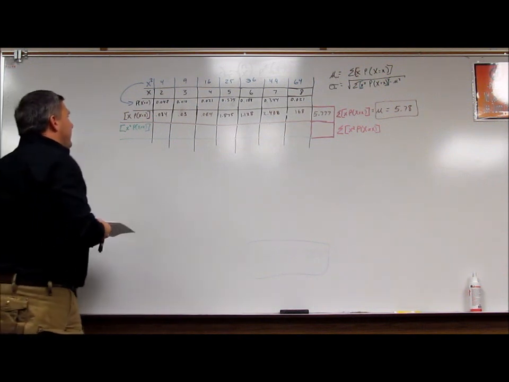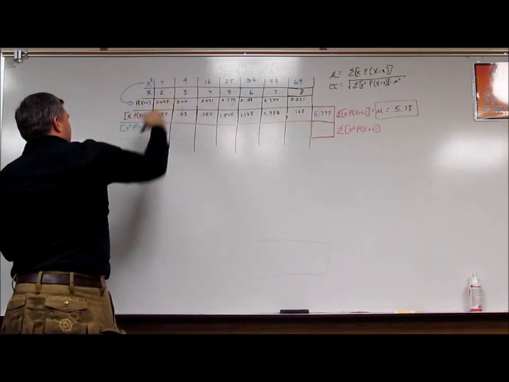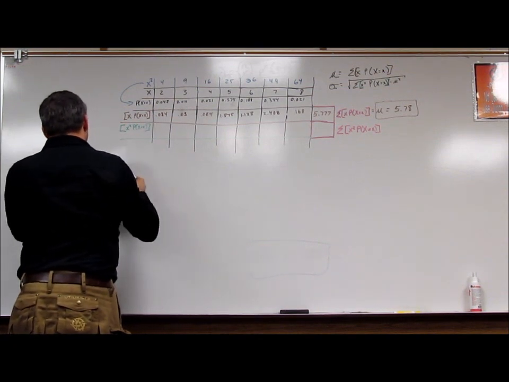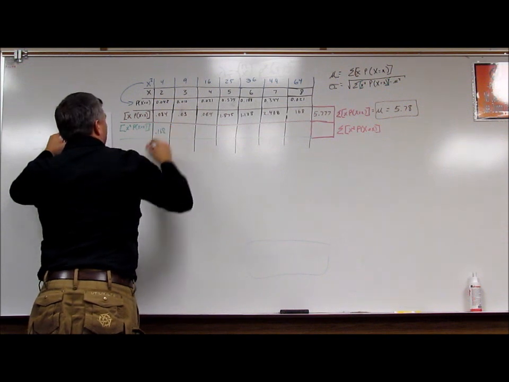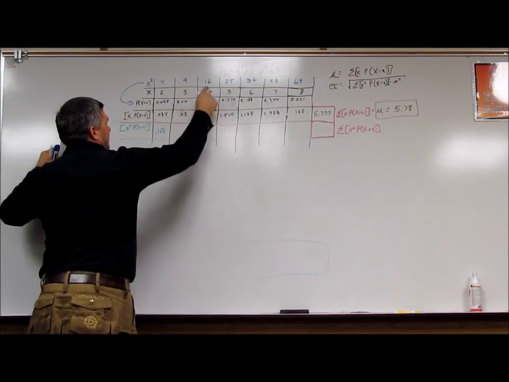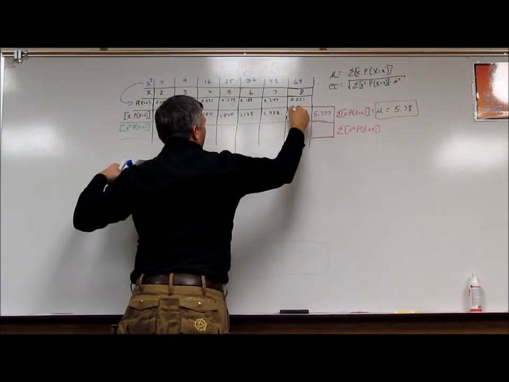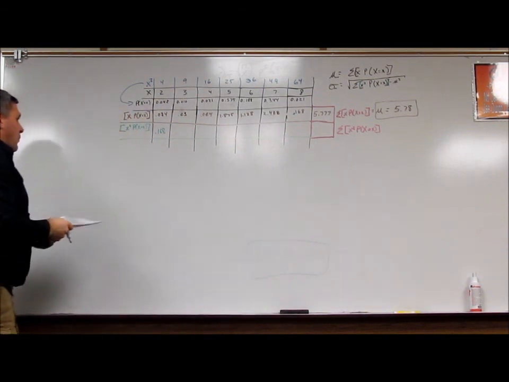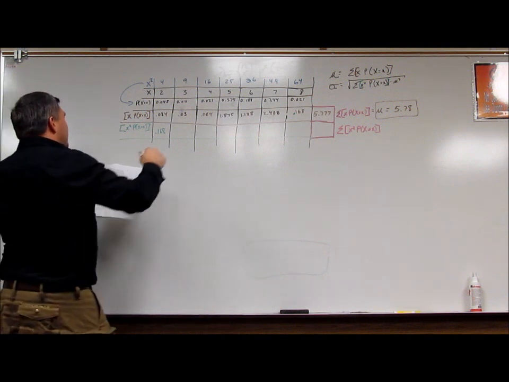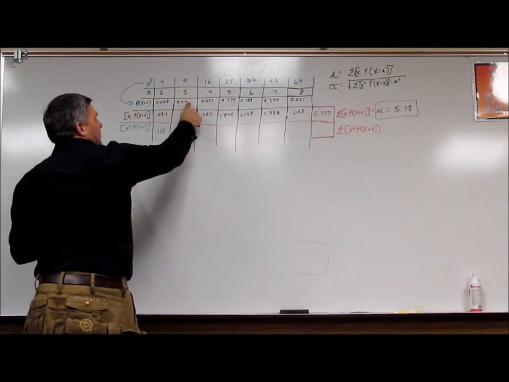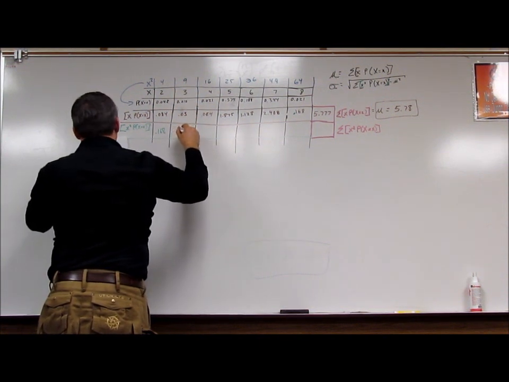When we take 4 times 0.042, we get 0.168. When we take 9 times 0.010, we get 0.09.